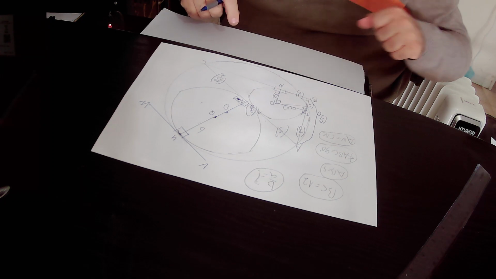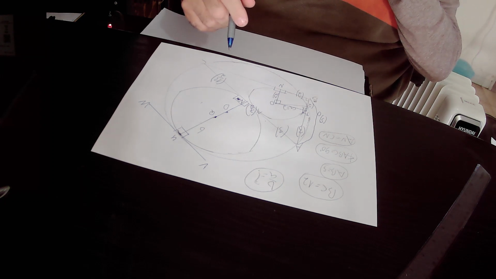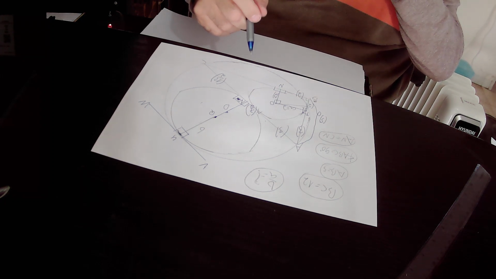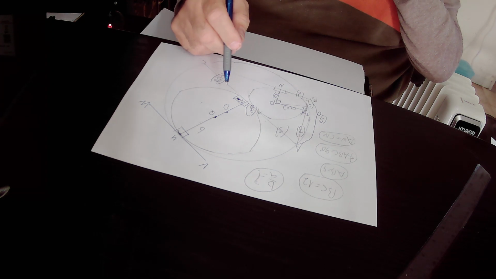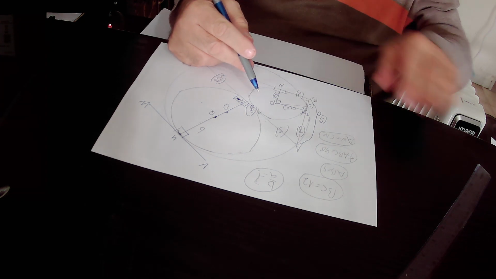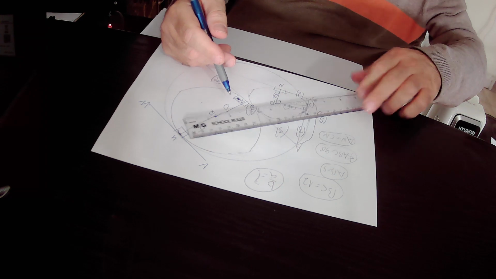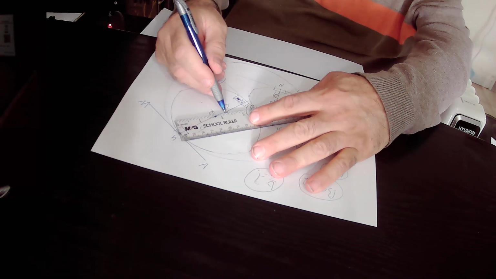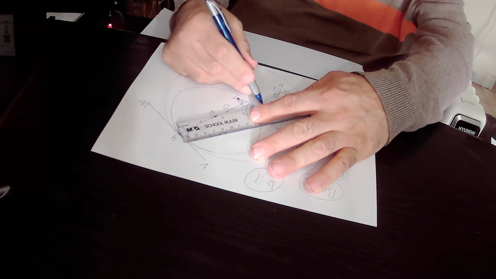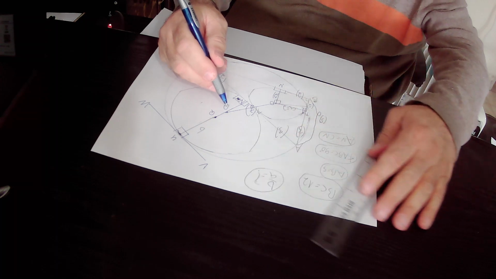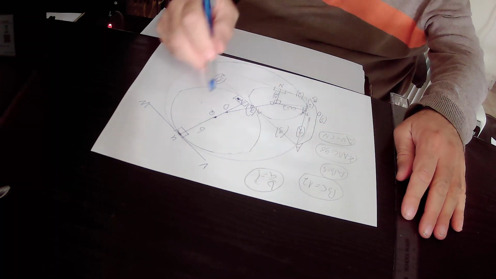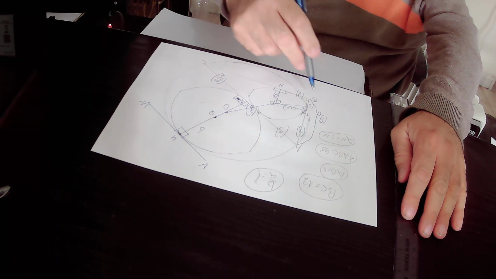Okay, so the next step, we join points O and P together by a straight line. Point O is the center of the biggest circle. Point P is the center of the smallest circle.